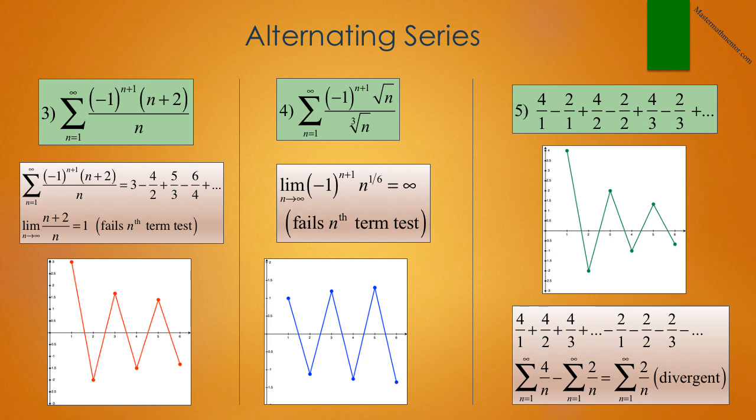And this can be written as summation n equals 1 to infinity of 4 over n minus summation n equals 1 to infinity of 2 over n, which is equal to summation n equals 1 to infinity of 2 over n. This is a divergent series because it is the harmonic series. So the expression is divergent.